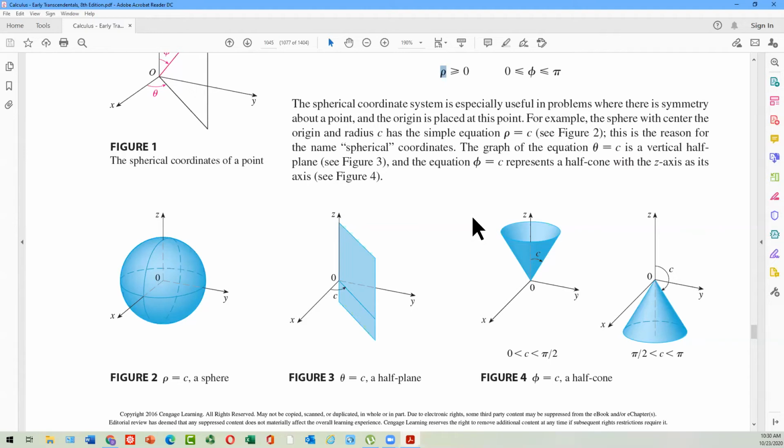So theta equals 10 says, do every point that goes in that direction, including vertically upwards. The surface of a cone, interesting, pointing up and pointing down.